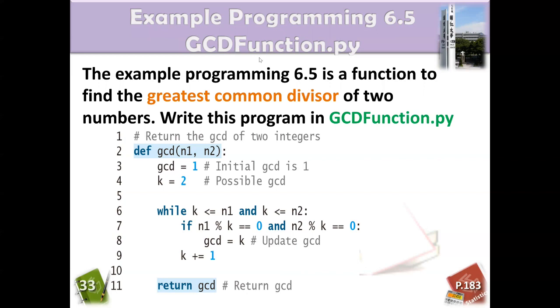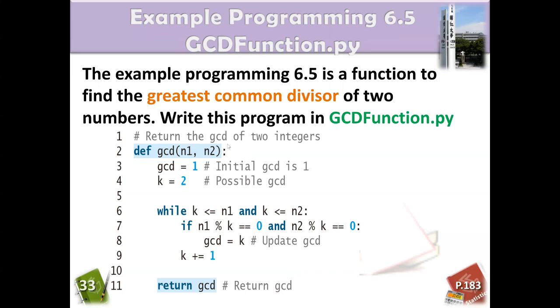Remember, we did that a lot of times, to find the greatest common divisor of two numbers. So we will save it as GCD function.py. This part is very important. I want you to practice by yourself.